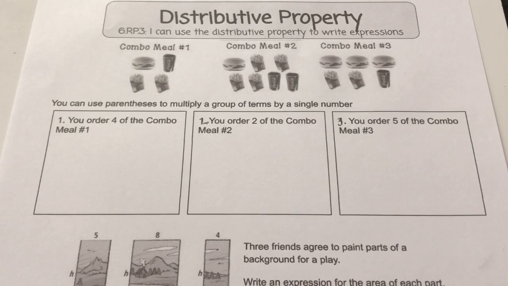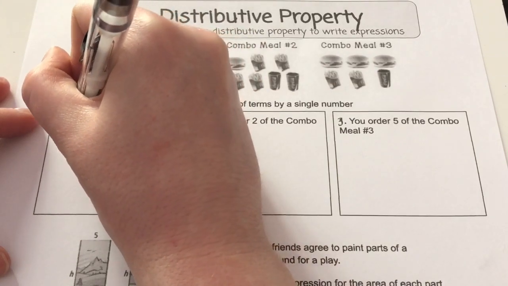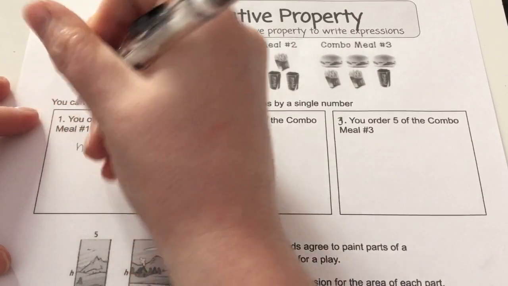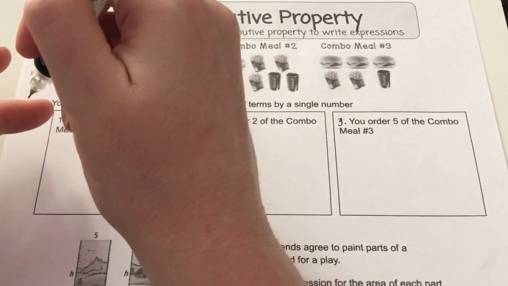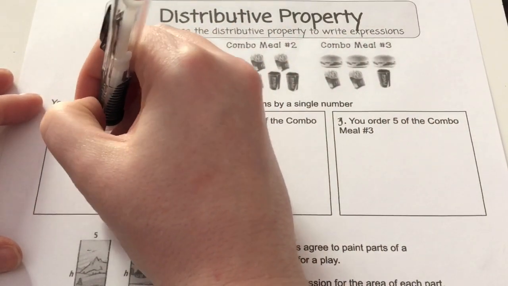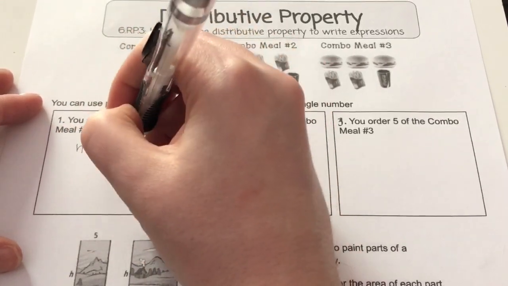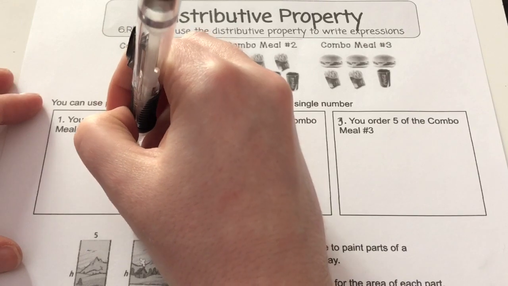So within 1 combo meal 1, there's 1 hamburger, 1 drink, and 2 french fries. So I'm going to use variables to represent that here in number 1. There's a hamburger, a drink, and then there's 2 french fries.